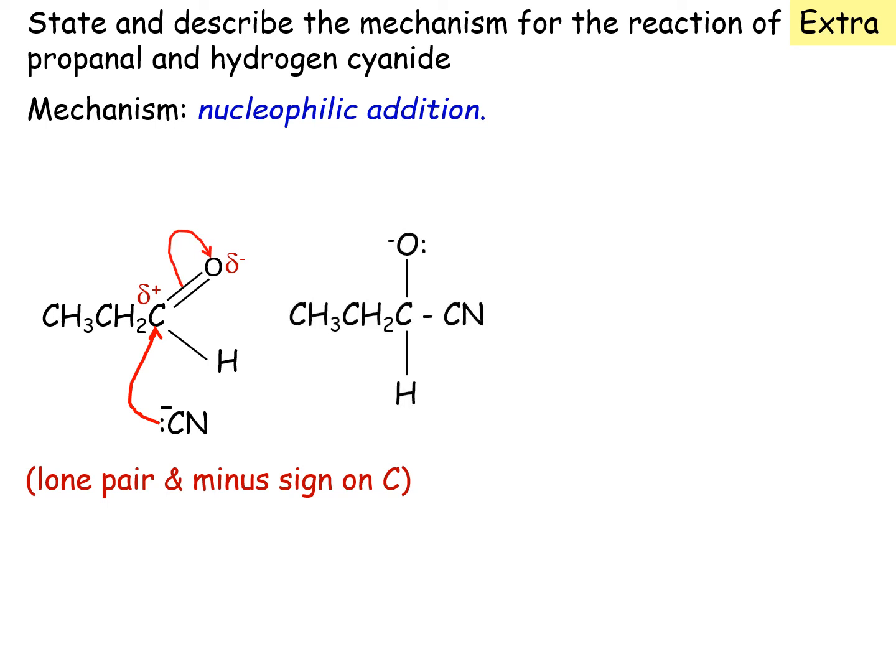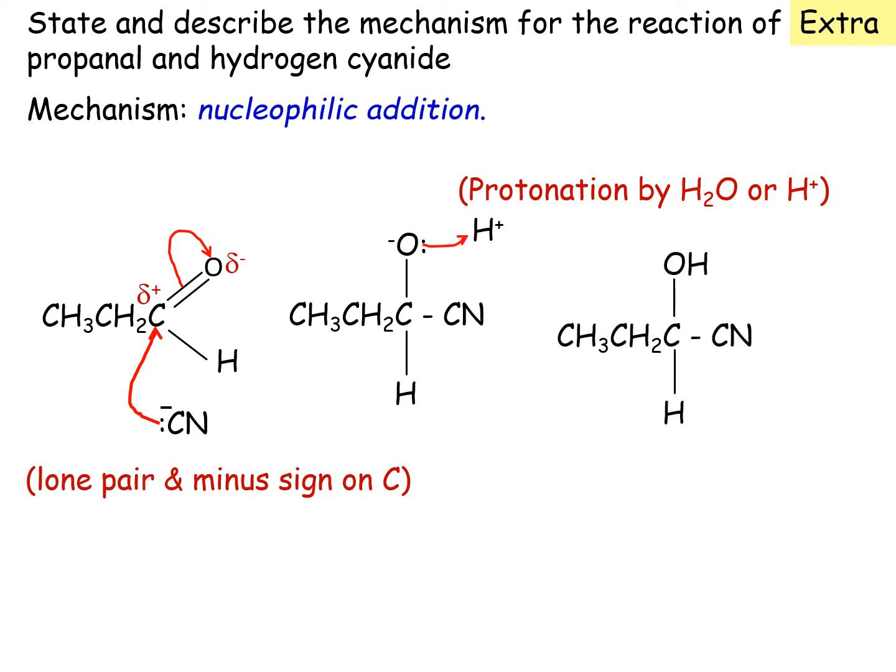Your intermediate then, to check you've redrawn the rest of the molecule correctly, you've now got the CN attached and the O with the negative charge, and then you're picking up a hydrogen. Now the hydrogen here can come from the water or from a H+, and you've got the curly arrow picking up that proton here to give the hydroxynitrile, and that will be called 2-hydroxybutane nitrile.